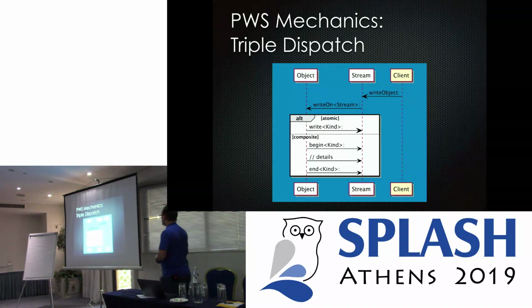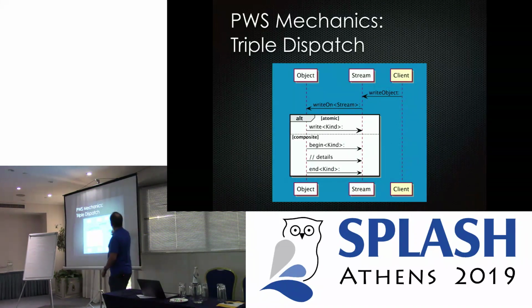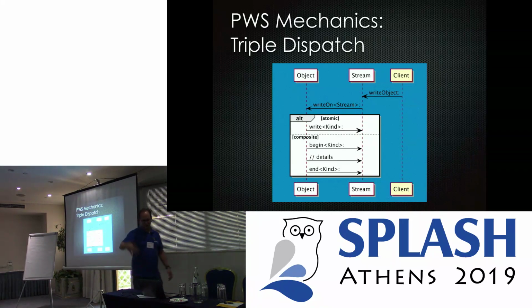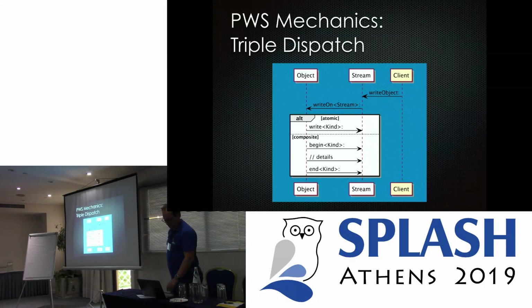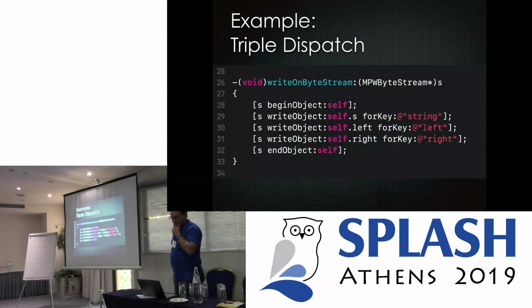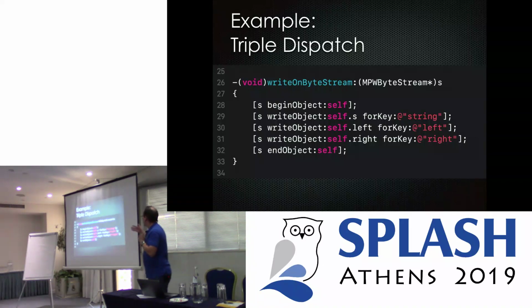In detail, the sequence is the client sends the object to the stream to be output. The stream then calls back to the object. The object encodes itself, potentially recursively, and then at the end you're done. And of course, the stream actually does the byte formatting. As a very simple example, that node class that we had before would encode itself like this.